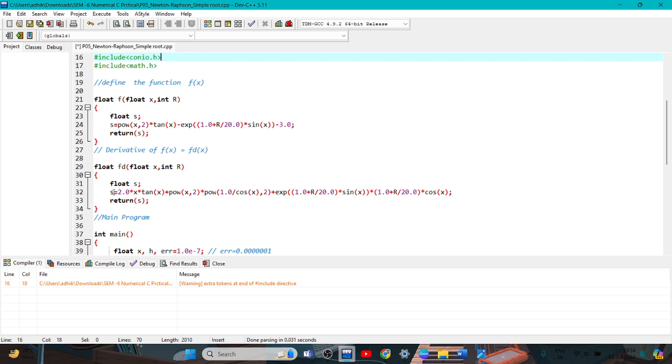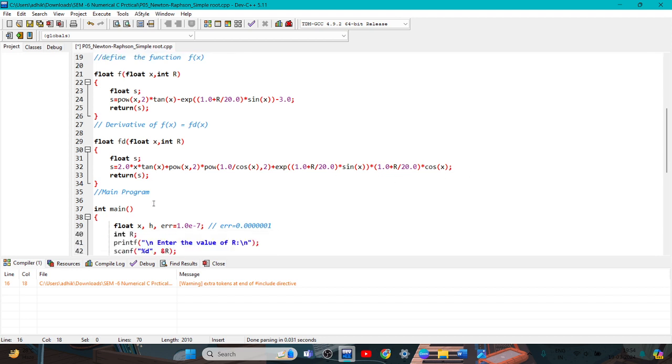Here s is equal to 2x into tan x plus x power 2 into pow(1 by cos x, 2), sec square x being the derivative of tan x, plus e to the power (1 plus r by 20) into sin x into (1 plus r by 20) into cos x, and return s.